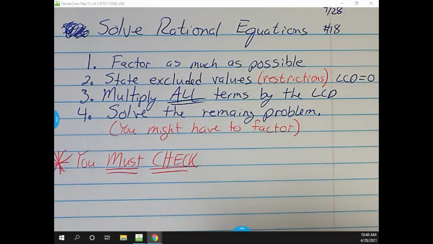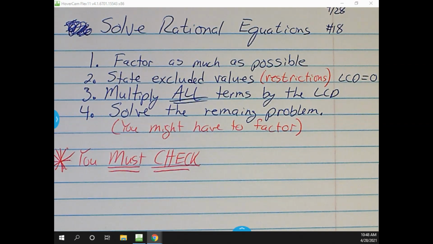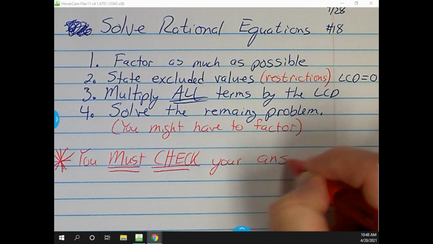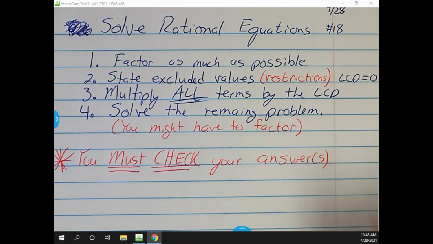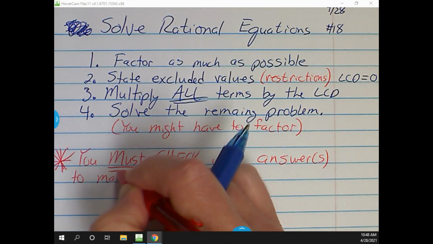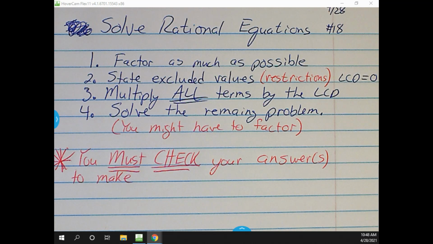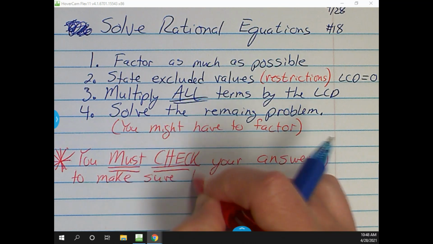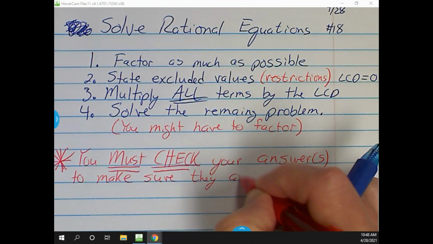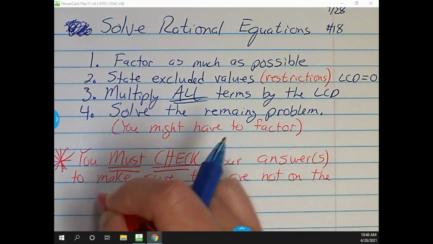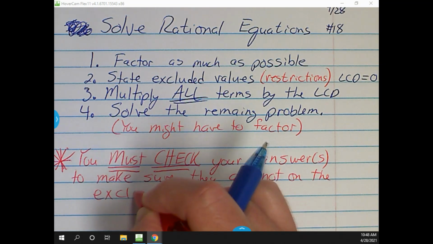All right. You must check your answer or your answers, depending on how this thing is set up. The check on this one is that you just look to see that it's not in your excluded values. So you must check your answers to make sure that they are not on the excluded list.